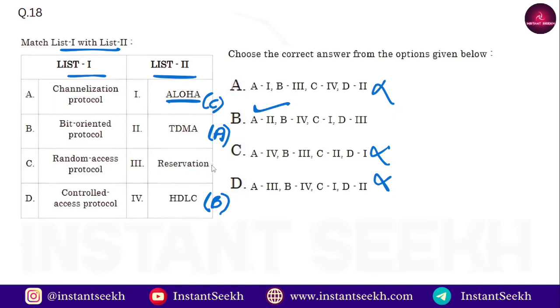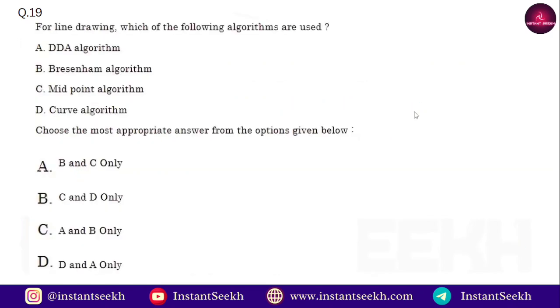So your correct pattern is: channelization protocol is TDMA, bit oriented protocol is HDLC, random access protocol is Aloha, and control access protocol is reservation. Option B is your correct option. Let's move on to the next.